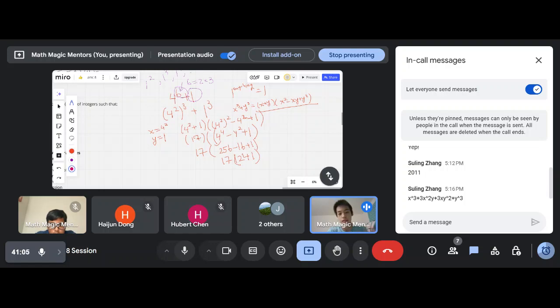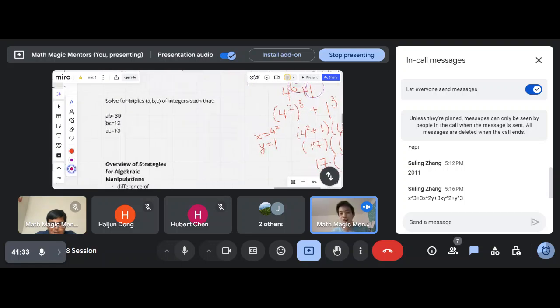Not so much in the SAT or ACT, but those are very nice to know. And who knows, maybe the AMCs have been adding a lot of quirky ideas on their tests recently, especially on the AMC 10 and AMC 12. So who knows if one day they'll add a sum of cubes or a difference of cubes on the AMC 8 one day. So you never know. It's just good to know. More knowledge is better.